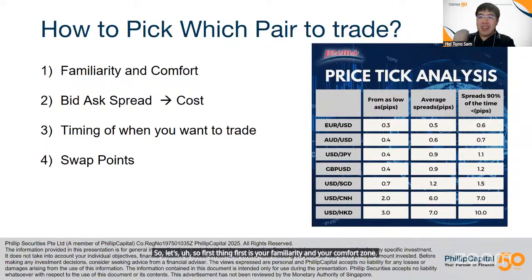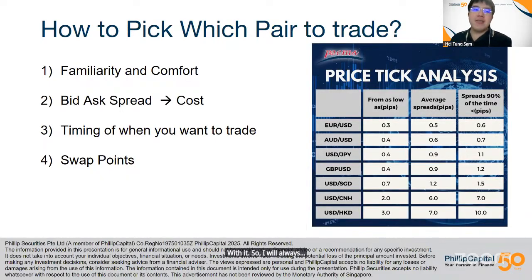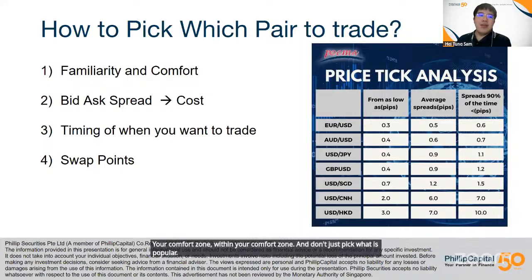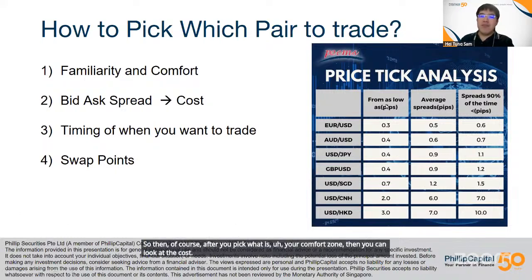So stick with it. It's okay to pick pairs that are higher in cost if you are more familiar with them. I will always advise people to pick within their comfort zone, and not just pick what is popular. Then, of course, after you pick your comfort zone, you can look at the cost, which is the bid-ask spread.